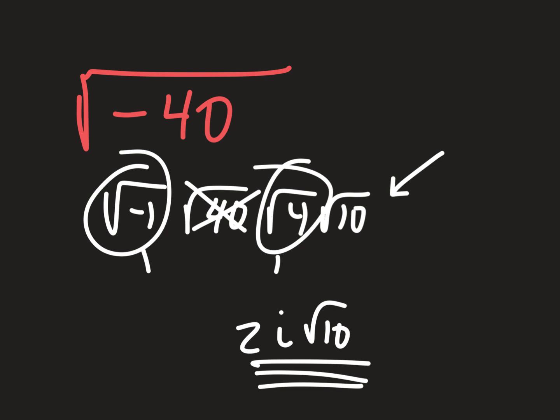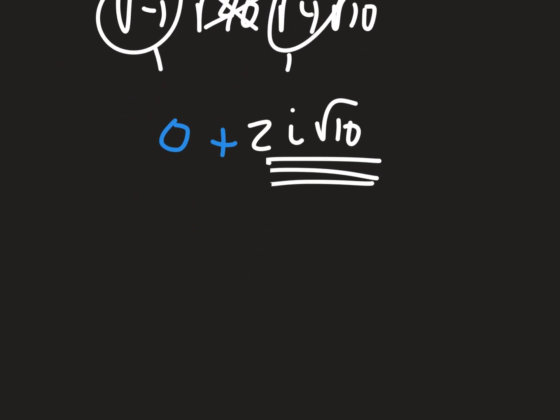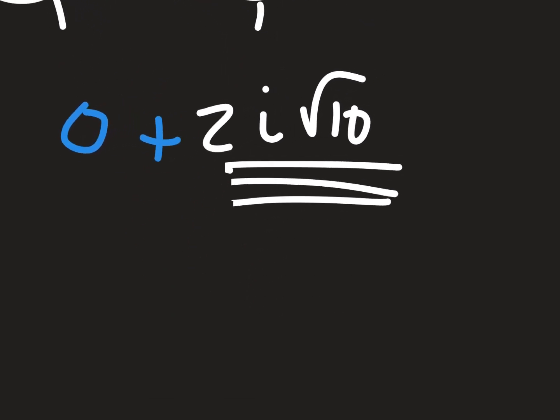Now that is an imaginary number. And it's a complex number if I write 0 plus in front of it. I know that seems weird, but to have a complex number, you always have a real part. There isn't anything real about it.